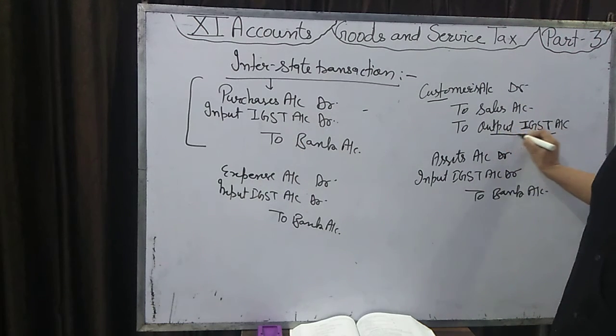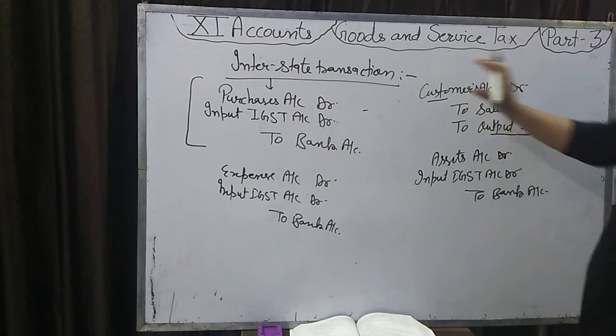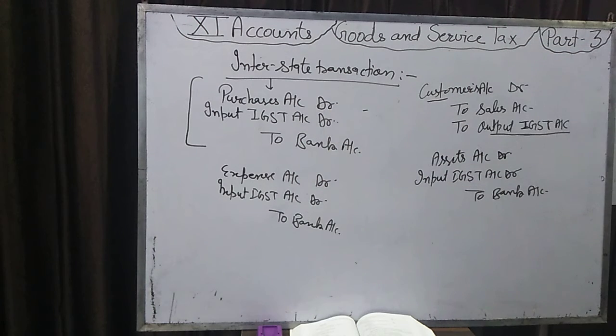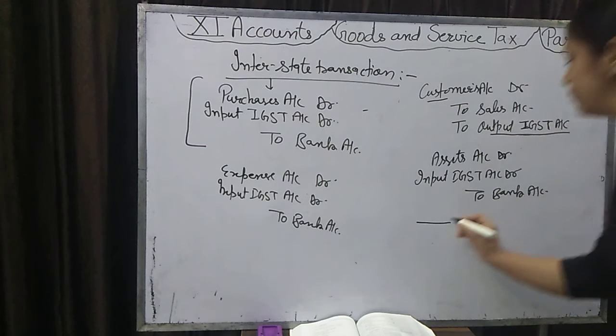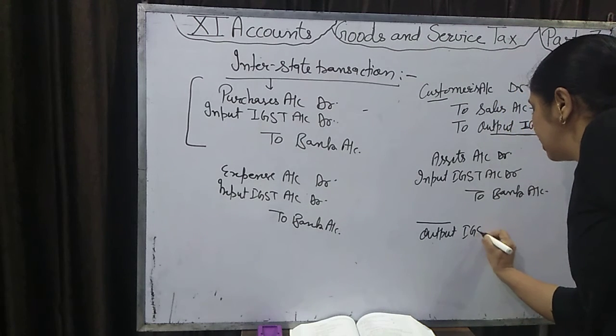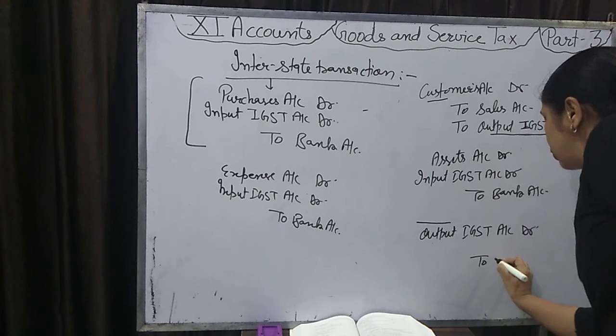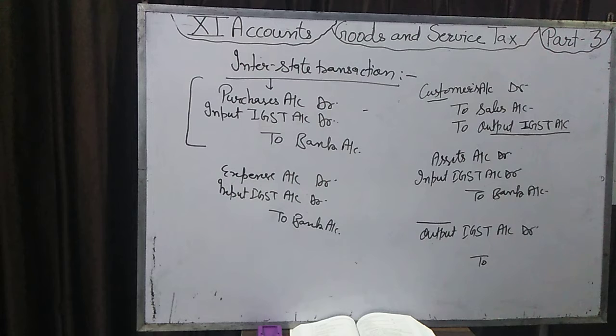Output GST is the liability of the business that the business will pay to the government, not the full output IGST, but after adjusting the input IGST. Which entry will be passed for adjusting the output GST from input GST? If we pay output GST to the government, then which entry will be passed? Output IGST account debit to bank.